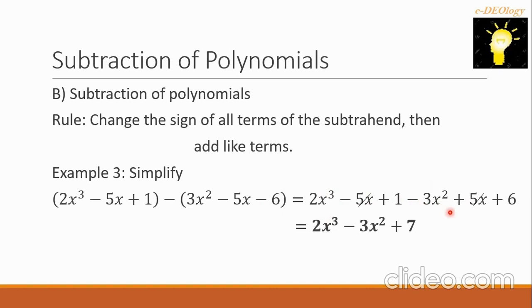So we will put this negative 3x squared in the final answer also. For the negative 5x, there is a positive 5x here, so it is cancelled. Then for the constants, it is 1 plus 6. It becomes 7. So our final answer is 2x cubed minus 3x squared plus 7.